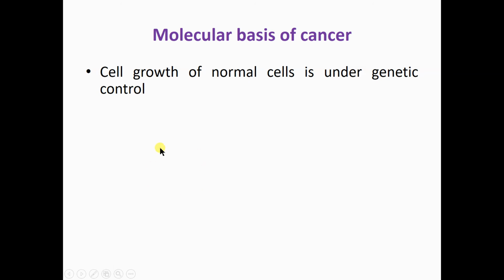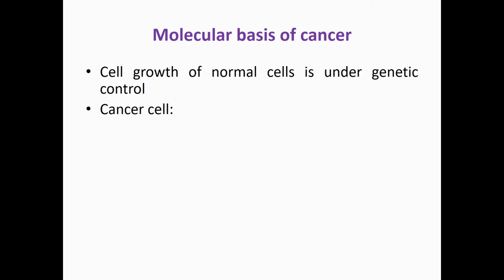So the nucleus can be considered like the manager's office of a factory, which operates the total factory work. In the same way, the nucleus contains the genetic material which controls the overall activity of the cell. So cell growth is also controlled by the genetic material.